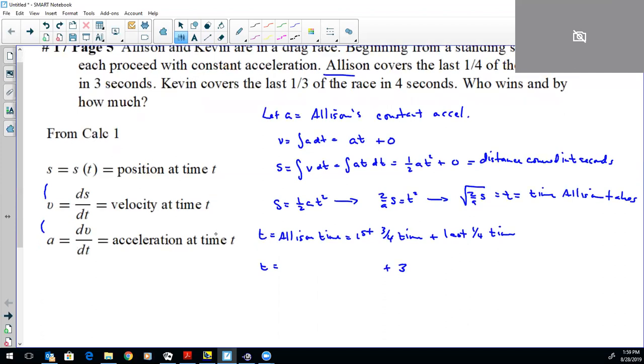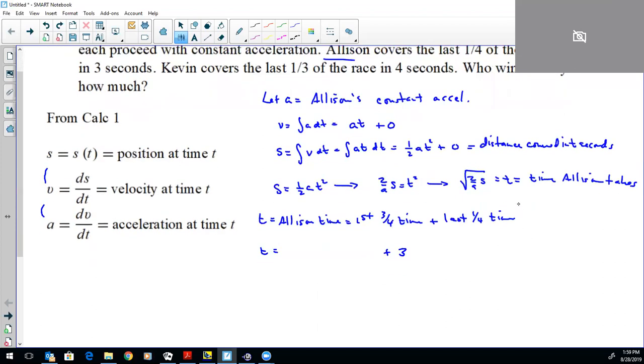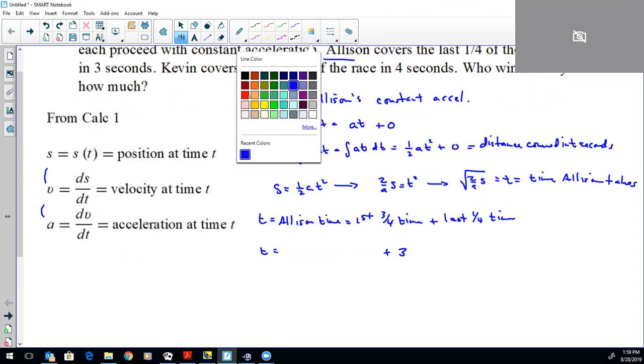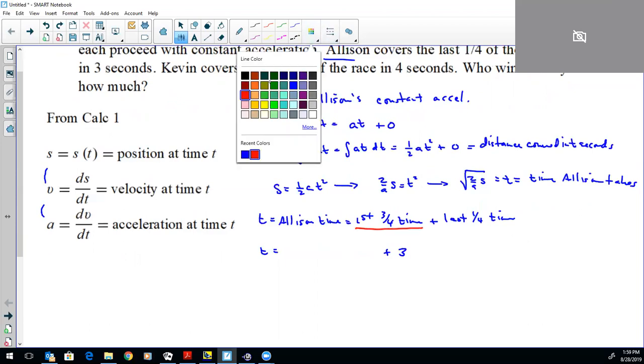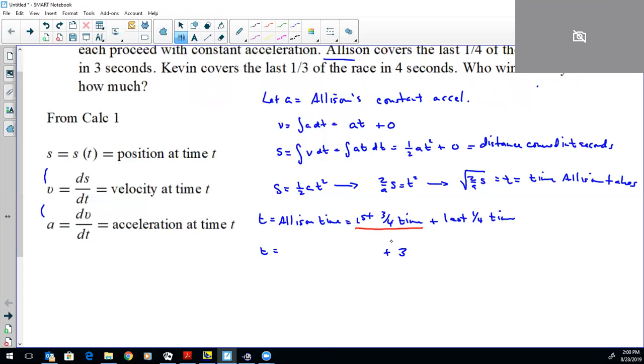Now, looking at this expression, we're doing the first 3/4 of the track. So this is my expression for time here. It's the square root of 2 over A times, well, what distance are you covering?